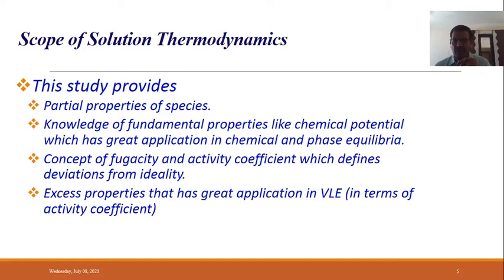That is your Raoult's law. Here, on the right hand side, we add the activity coefficient, so the equation is modified as y_i P is equal to x_i P_i saturated gamma_i. This is your modified Raoult's law.